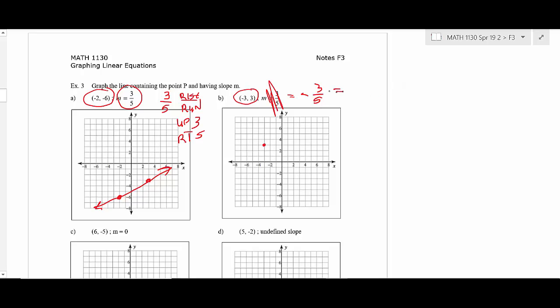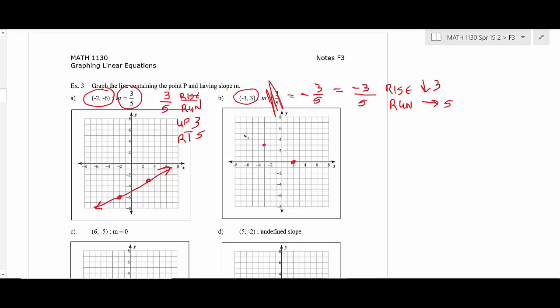Okay, well, if you have a negative slope, what I do is I just put the negative in the numerator. Ultimately, it doesn't matter. Just don't put it both places, because then you're changing the problem. So then the rise would be down 3, and then the run, since I'm using a positive number, would be to the right 5, okay? So if you have a negative slope, you would be going from the point down 3, and then 1, 2, 3, 4, 5.